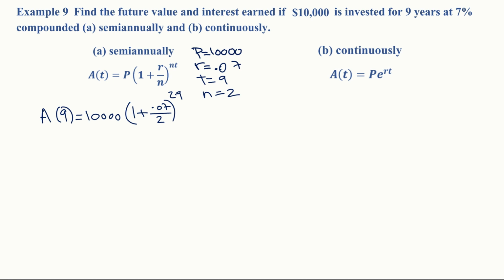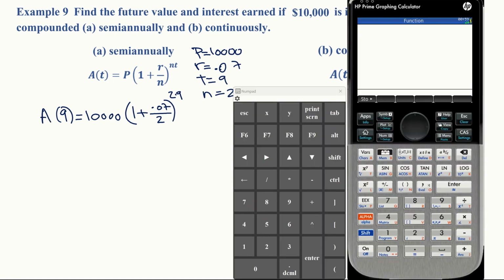All right, so we're just going to type it in. In case you're wondering why I have two keypads here, I love this calculator. It's absolutely fantastic. However, it doesn't have the most responsive keys. This numpad here has a much better response. So here we go.